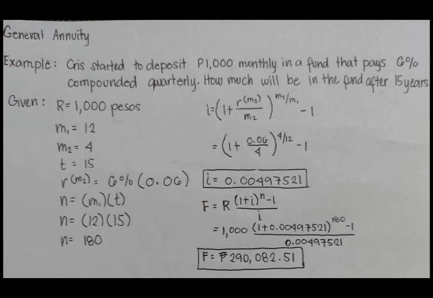So after that, we can get our future value. So this is our formula in getting the future value: C times 1 plus the equivalent rate raised to n, minus 1, over the equivalent rate. So after that, we need to substitute. So we have here our future value as 290,082.51 pesos.